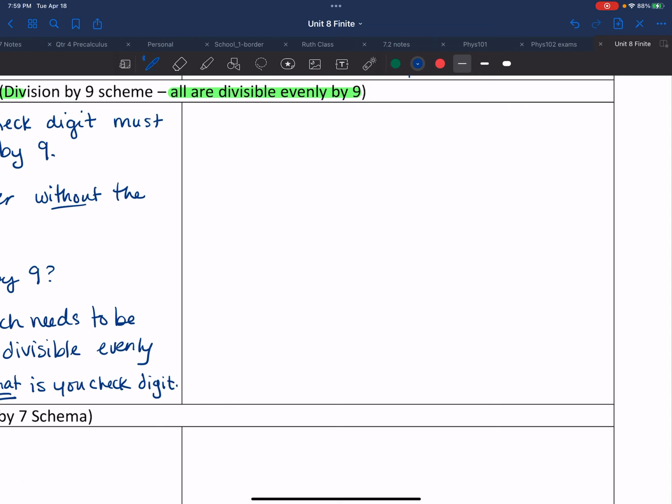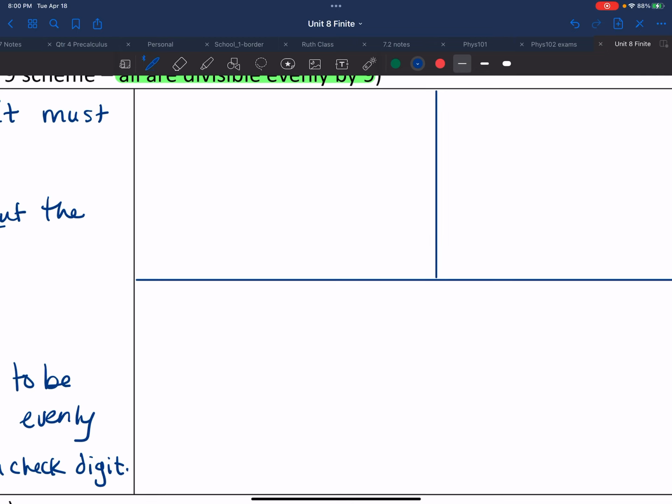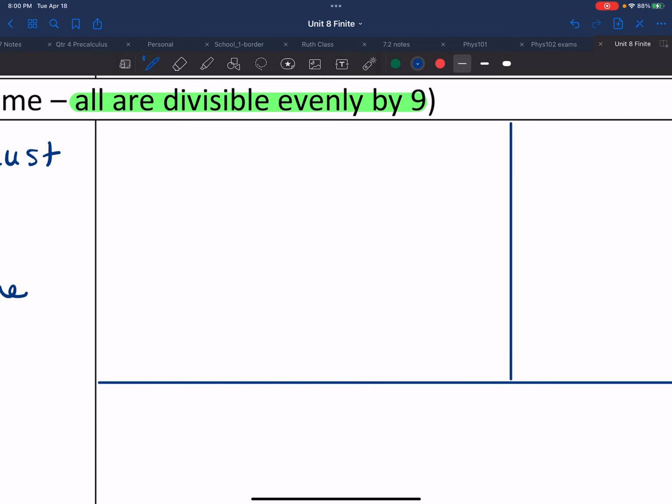So I'm going to go ahead and divide this into 3. Now I am writing fairly small. I have the ability to zoom in on this, and you don't have that ability. So if you need to, go ahead and write on the back of your paper as well.